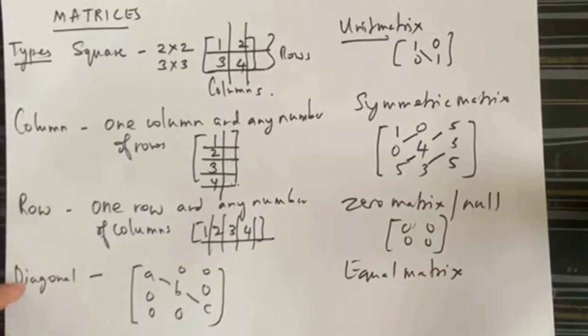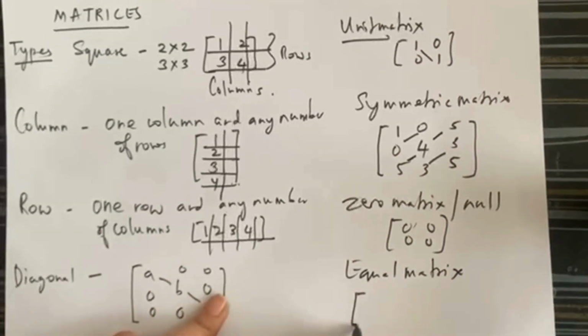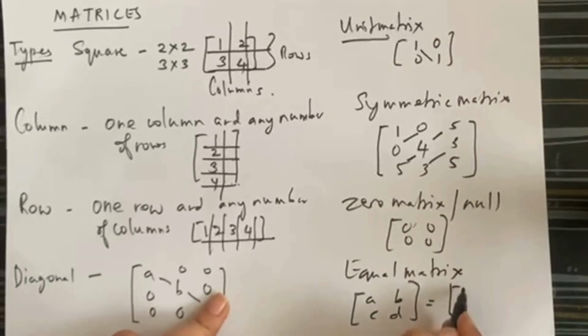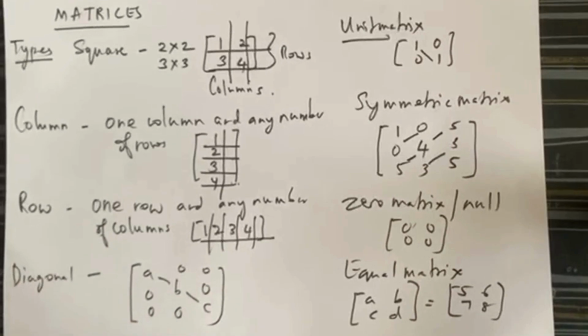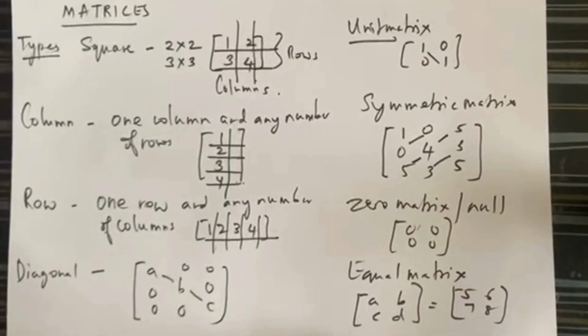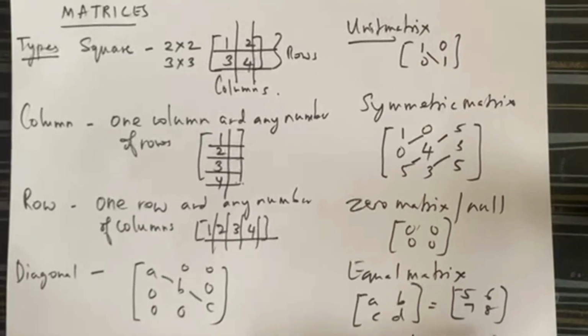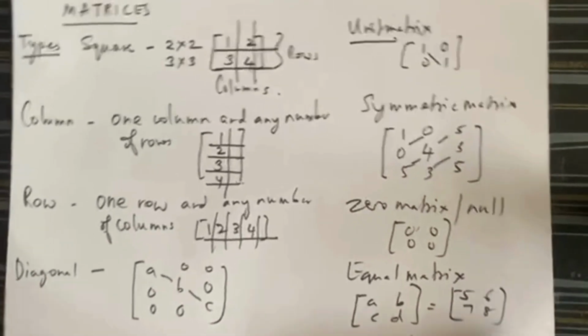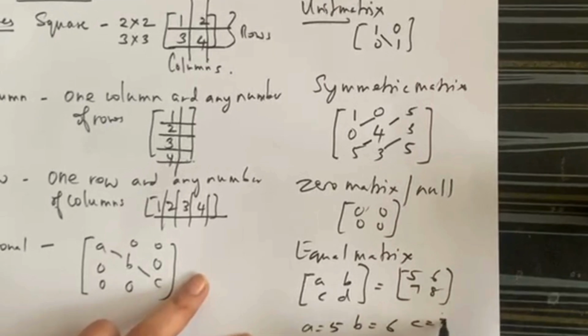The next would be equal matrix. So equal matrix, I can say that if the matrix is equal, so when I say A, B, C, D is a matrix and this is equal to 5, 6, 7, 8. So when I say this is a matrix, then I can write A is equal to 5, B is equal to 6, C is equal to 7, right?